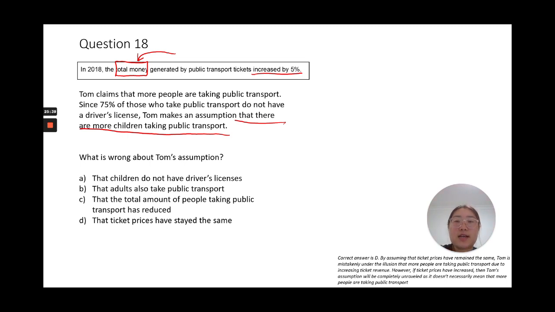So this direct relationship between the number of people and the total money generated is not reliable or inferable. So what is wrong about his assumption? The answer is D, that ticket prices have stayed the same. They might have, and his assumption might be correct, but we can't directly assume it just now without extra evidence.